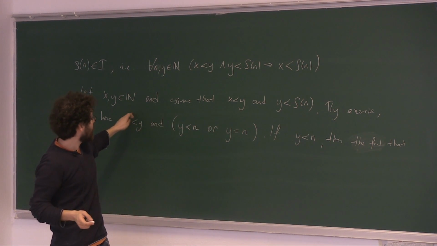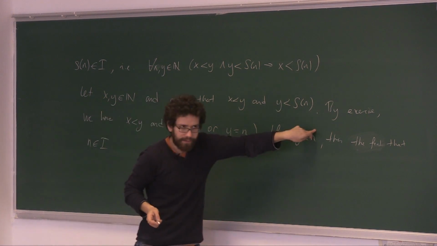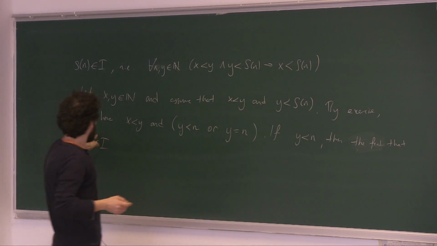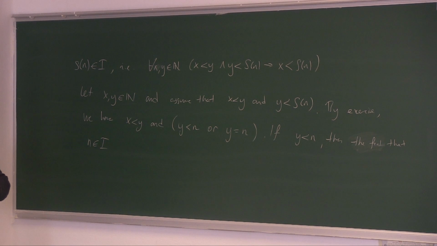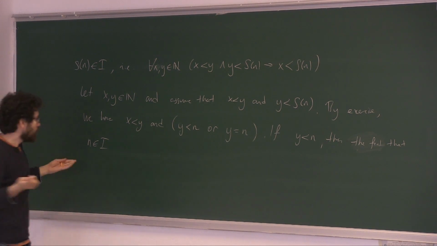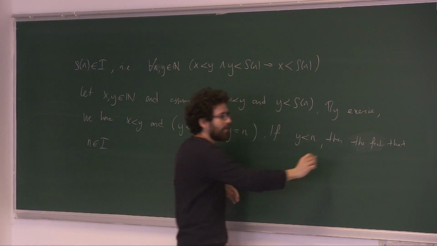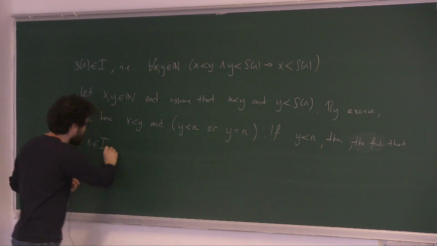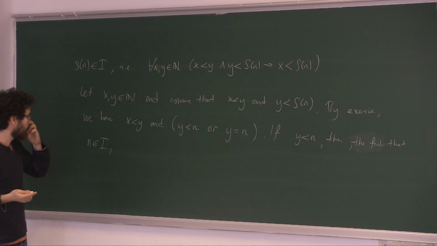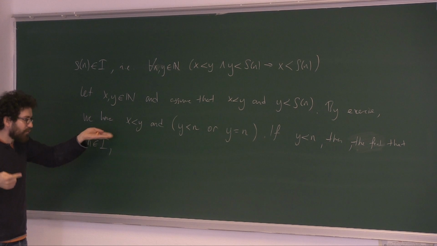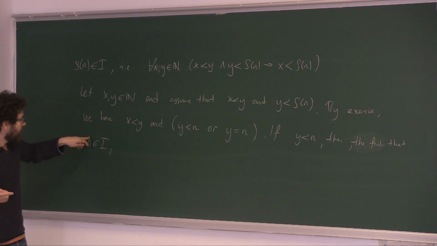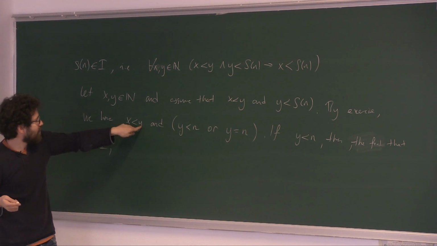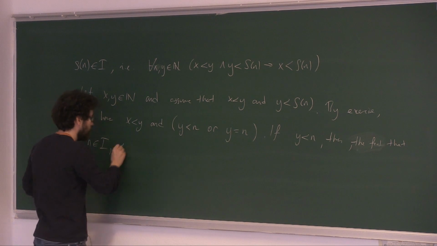x is in y, y is in n. But n is in I, so it satisfies this. I'm literally using the induction assumption, I'm using the fact that n is in I. x is in y is in n.